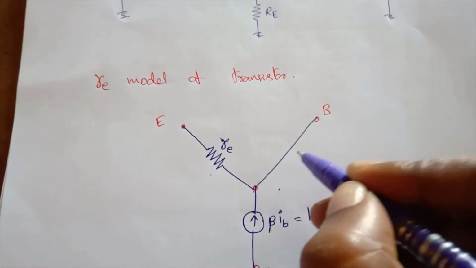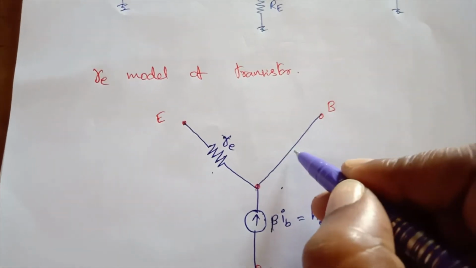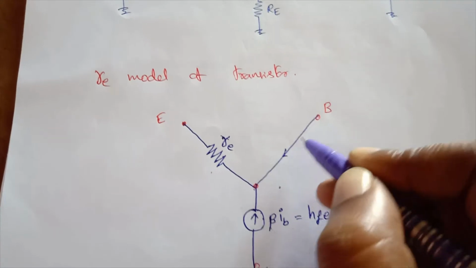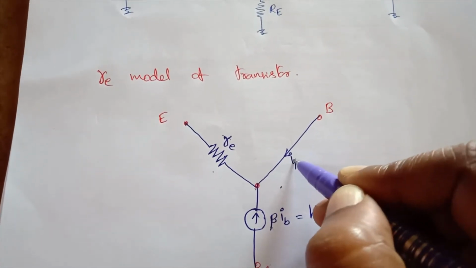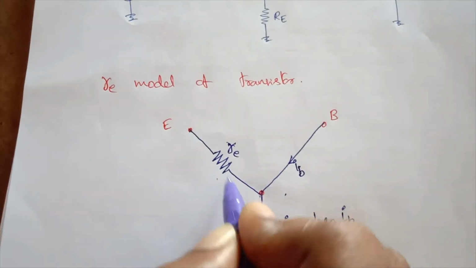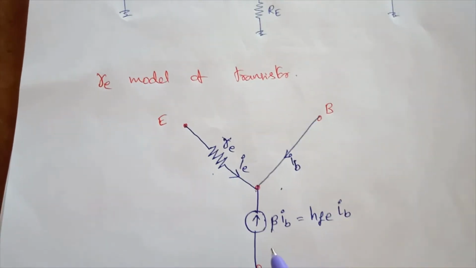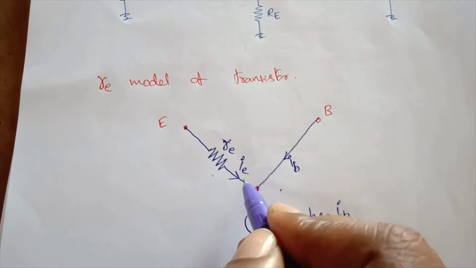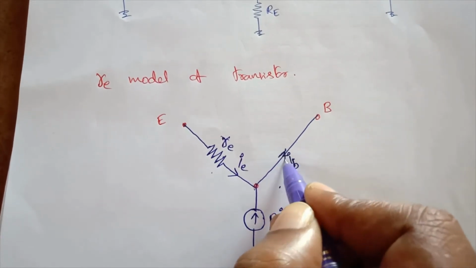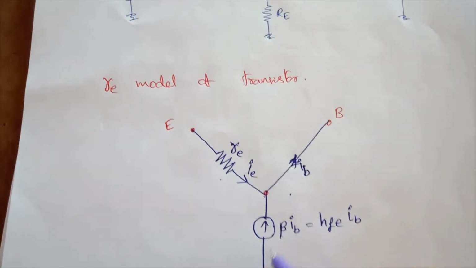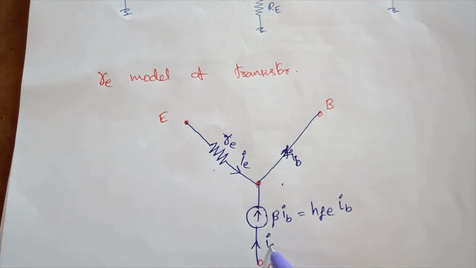The current flowing at the base terminal is IB, the current flowing at the emitter terminal is IE, and the current flowing at the collector terminal is IC.